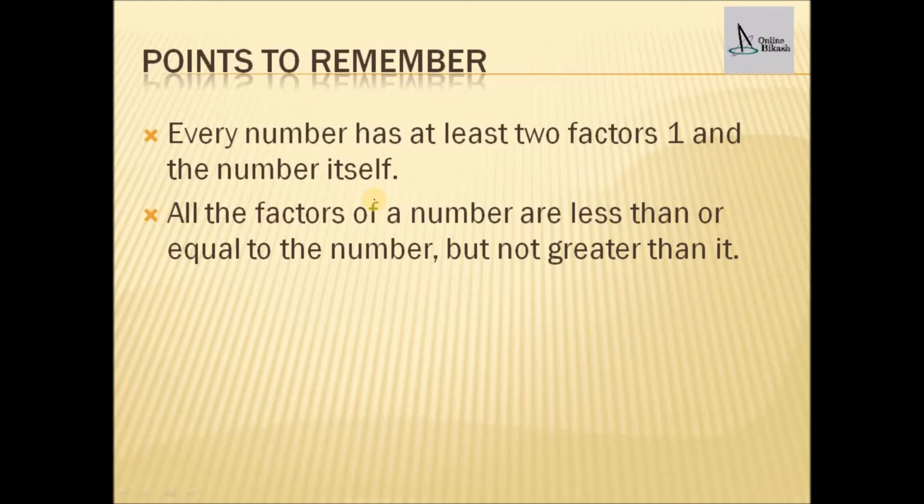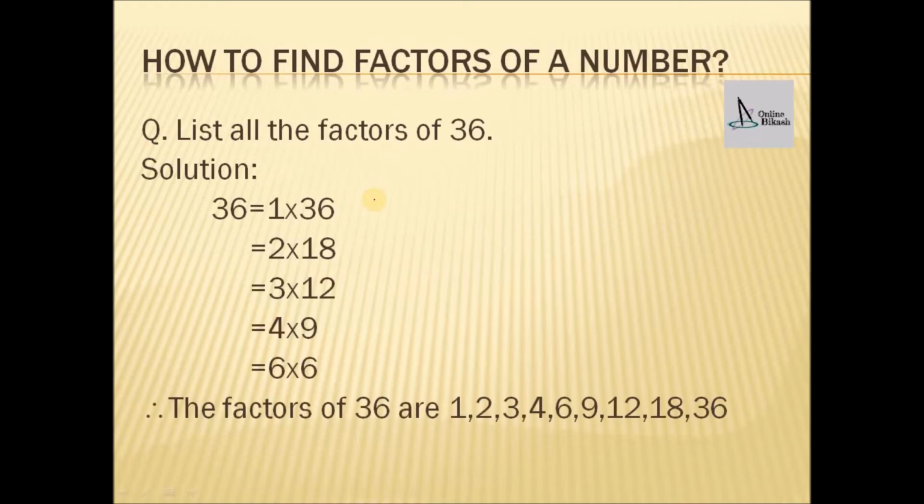Okay, the second point you must remember: all the factors of a number are less than or equal to the number, but not greater than it. When we list the factors of 36, you see all the numbers are less than 36 except 36 itself, because all the factors will be less than or equal to 36.